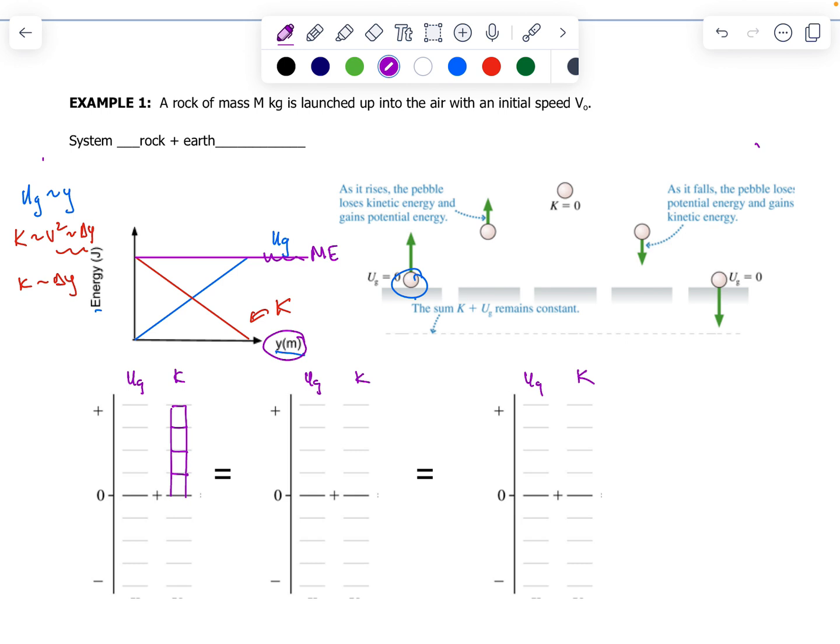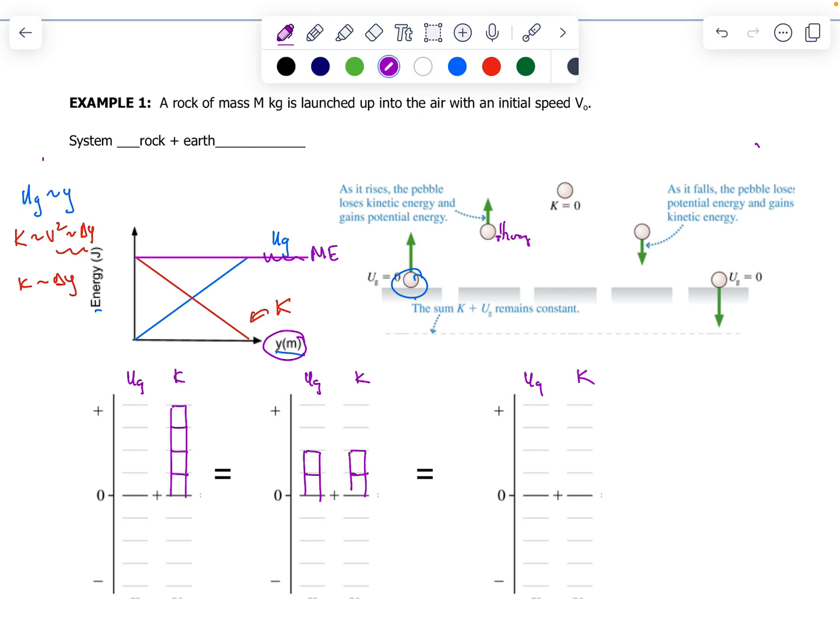Then when it gets to this halfway point here, and I don't know if this picture is drawn to scale, but let's just say this is about halfway, it's going to have half as much kinetic energy as it started out with. So half of the energy is going to be transformed from kinetic energy into gravitational potential energy.